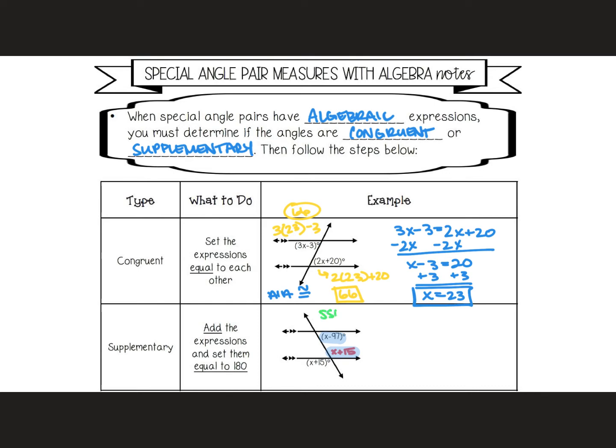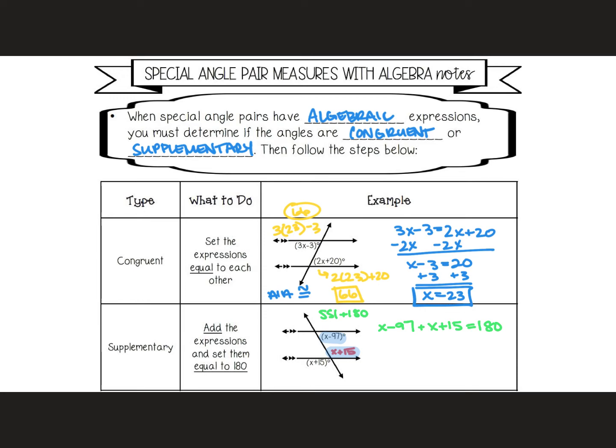So same side interior will add up to 180. So I can take the angle they gave me, x minus 97, I can add that to x plus 15, and that will equal 180 degrees.